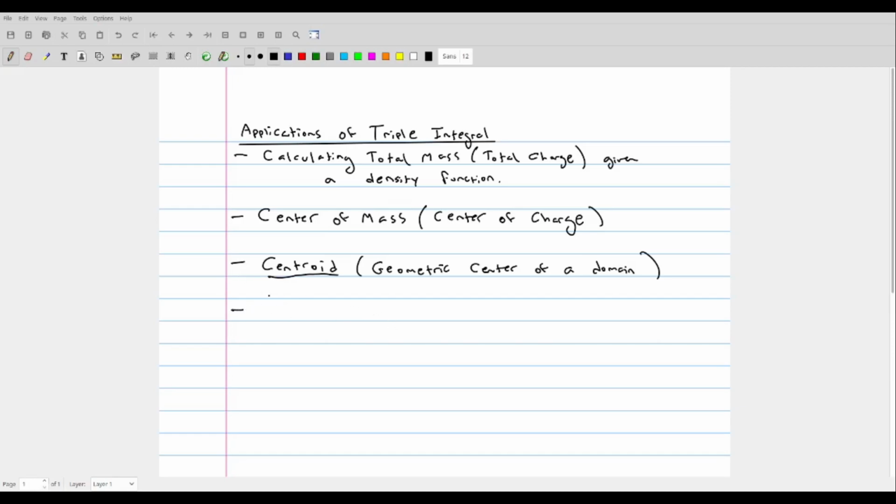And lastly, we'll talk about the moment of inertia about a line L, and specifically talk about the moment of inertia about three specific axes: the x-axis, the y-axis, and the z-axis.